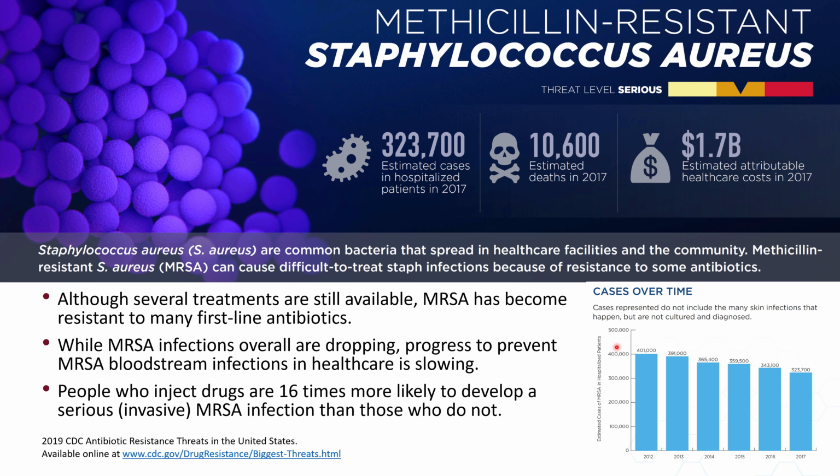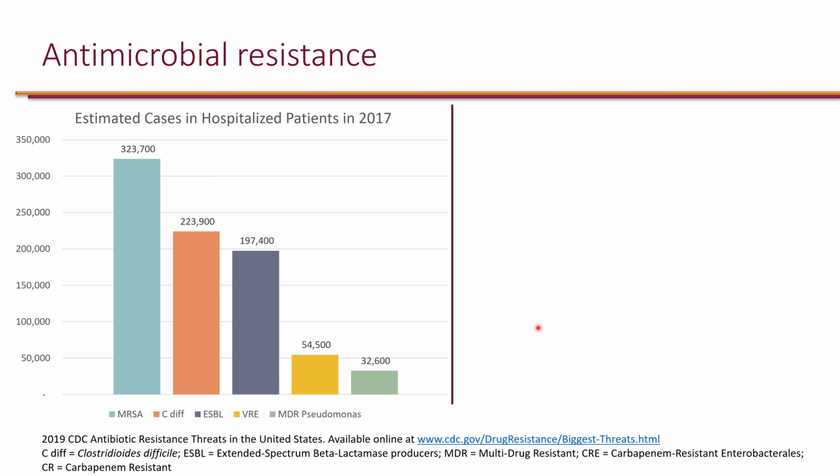Now, the good news is that the incidence of MRSA infections, in general, all infections, not just skin and soft tissue infections, in the hospital are actually declining year after year. So this was the 2019 CDC data that showed up to 2017 that it's dropping. However, it's important to notice that when you compare to other infections, MRSA is actually pretty common.